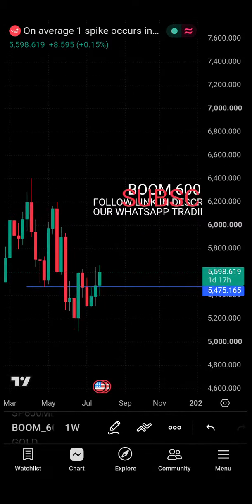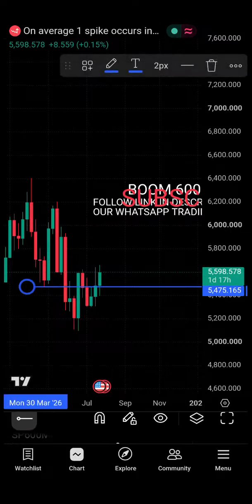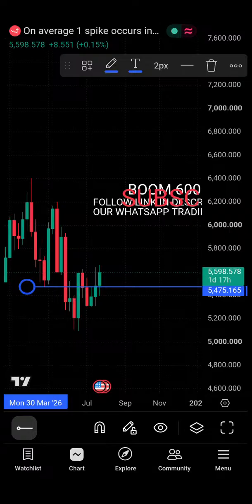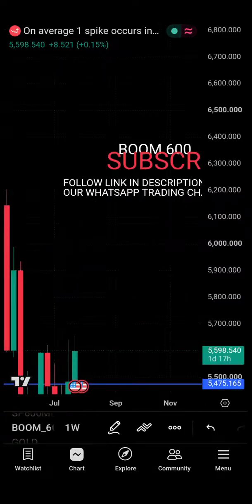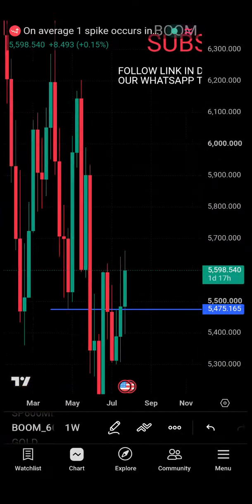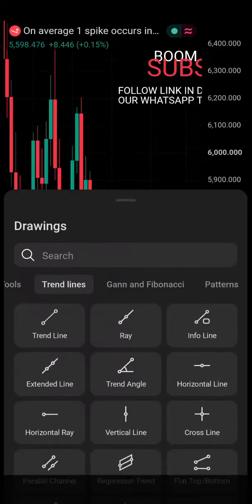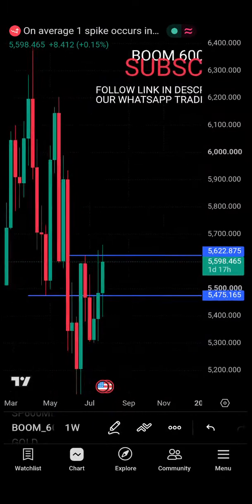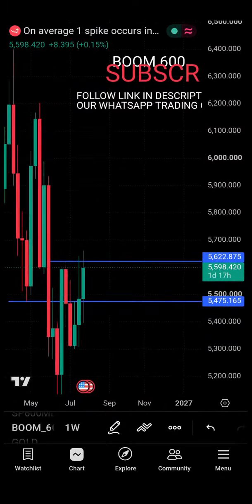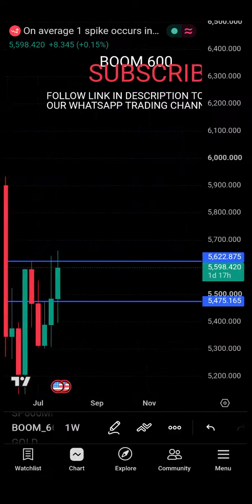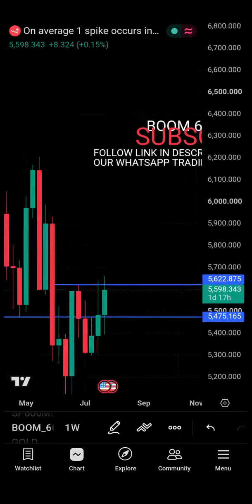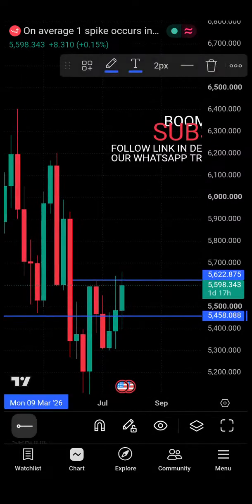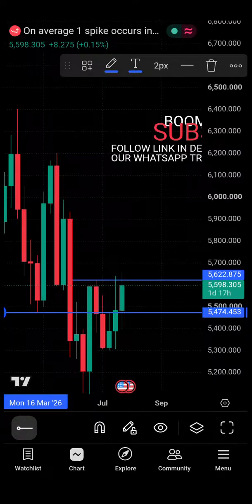So if it holds above this level, then we should be looking for buying opportunities, especially if it also breaks this level. Right now the price is between this low and this high.